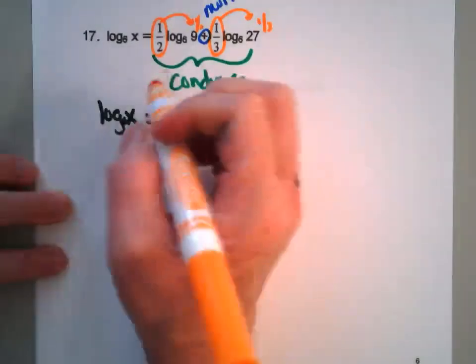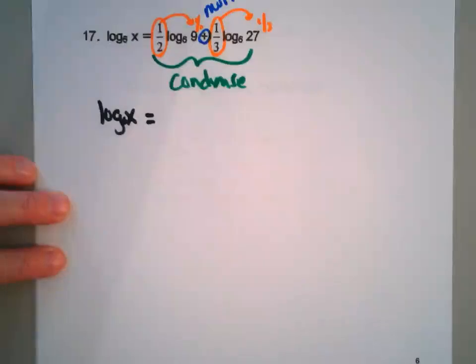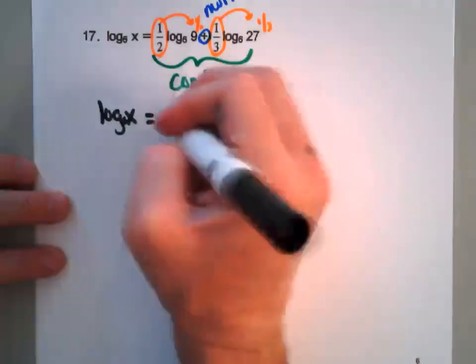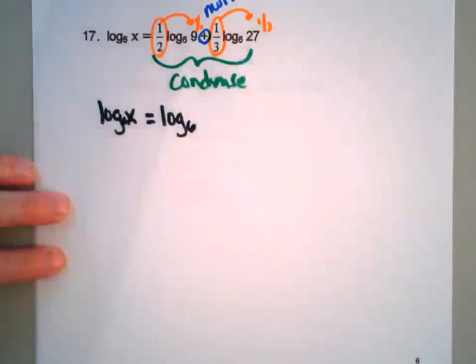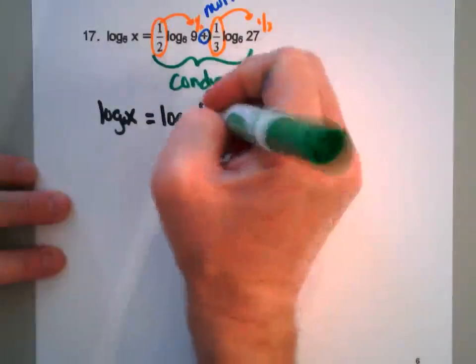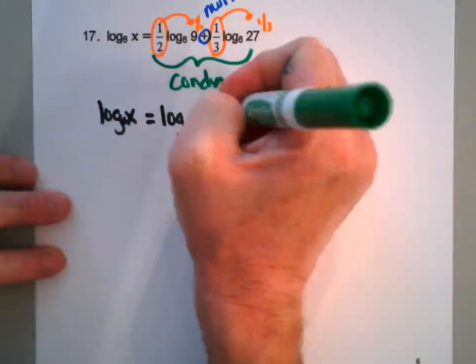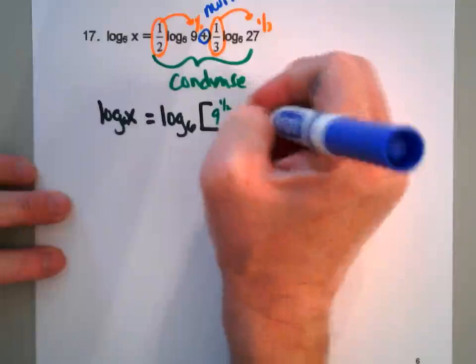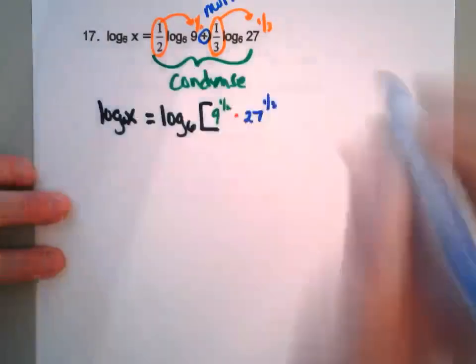So I'll take this kind of slow. So we'll have log base 6. And then I'll tell you what, I'm going to put a bracket right here. We have 9 to the 1/2 power times 27 to the 1/3 power.